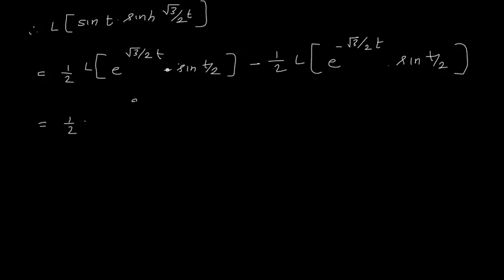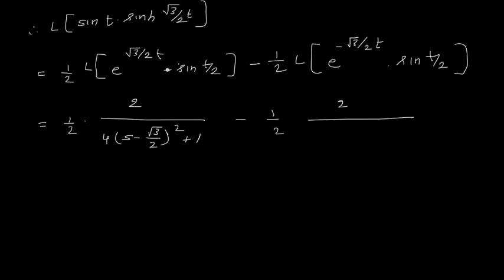So it will become 1 by 2 into 2 upon 4 times, in place of s, I will write s minus root 3 by 2, the whole square plus 1, minus 1 by 2 into 2 upon 4 times s plus root 3 by 2, the whole square plus 1.